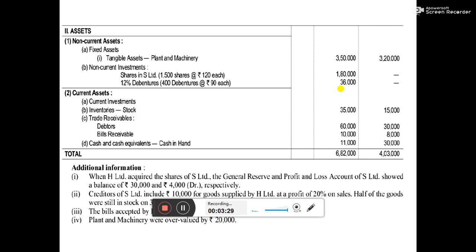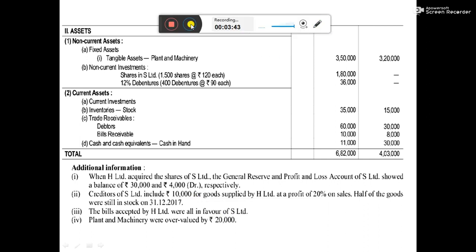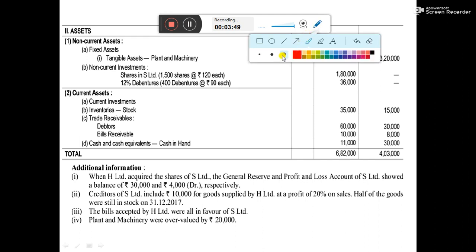So they are getting a discount of 4,000 rupees. We need to see how the treatment of this 4,000 rupees will take place while doing the consolidation of the financial statement.